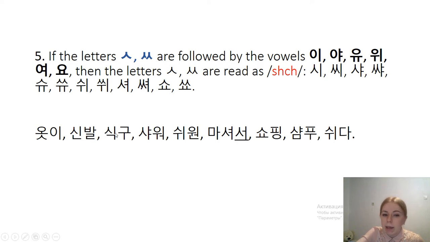Here it's she again. 식구, double K, 식구. Here it's s plus ya, shower. You know what it is? 샤워하다. It's like shower in English, and it's a borrowed word. Here it's 쉬원.